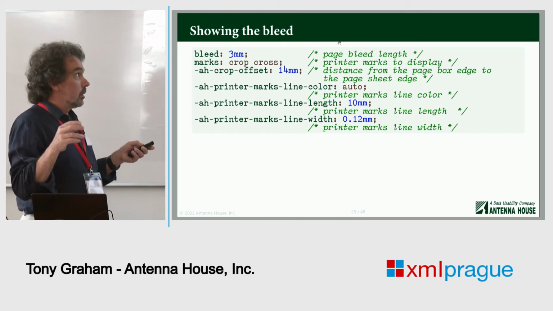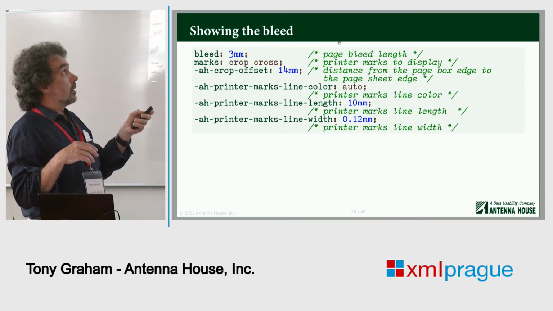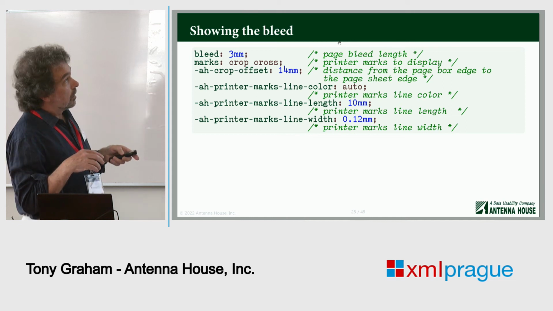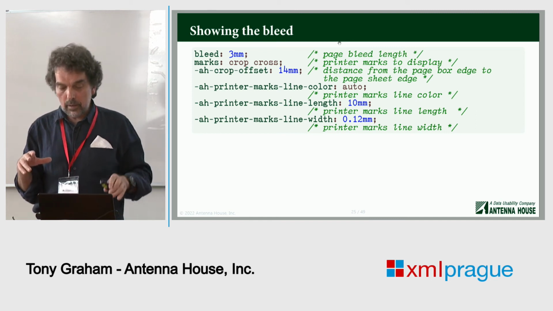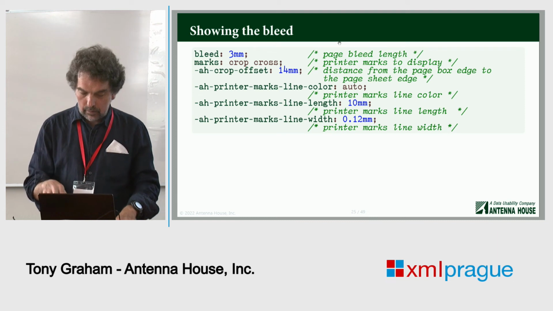And an AH format extension here is that the sheet that we produce in the PDF will be 14 millimeters wider than the actual page area itself.